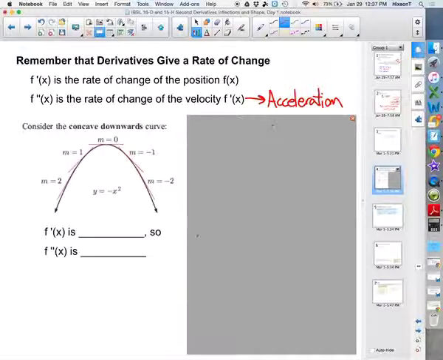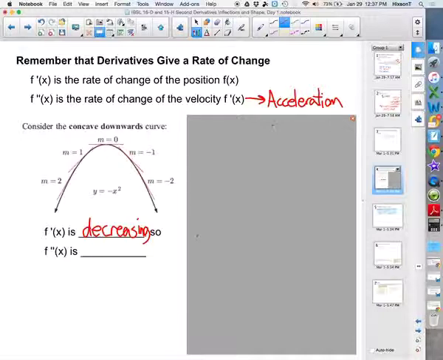Notice here we have this function y equals negative x squared. Look at what's happening to my slope as I go from left to right. Decreasing. It's decreasing. So if my velocity, my slope, is decreasing, that means my second derivative has to be negative.